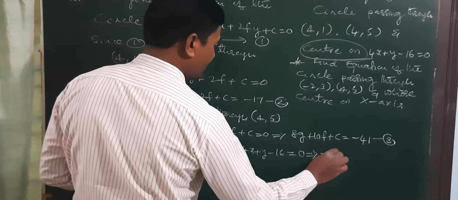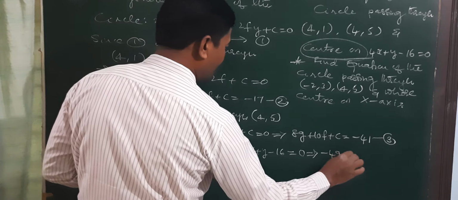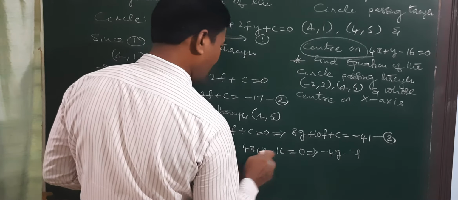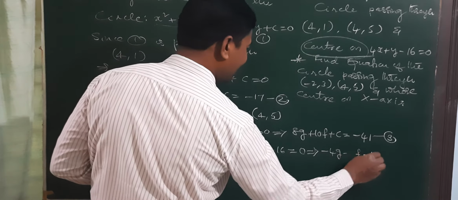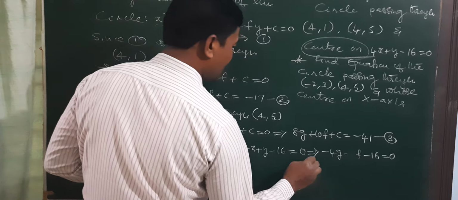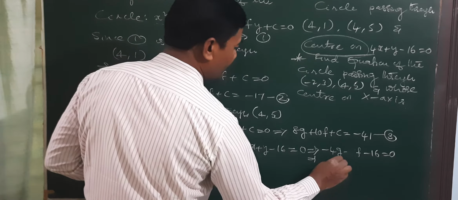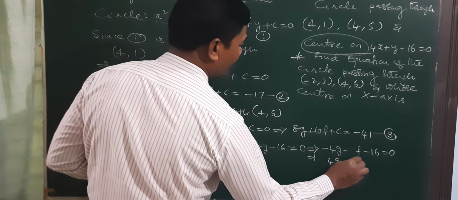That is minus 4g minus f minus 16 is equal to 0. Simplifying, 4g plus f plus 16 is equal to 0. This is equation 4.